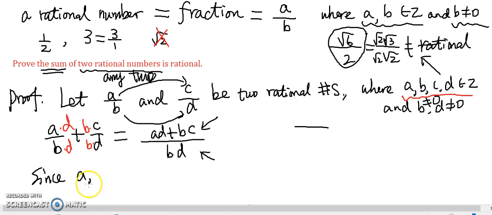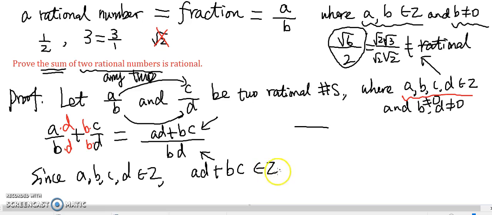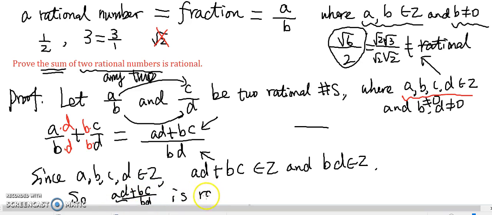Since a, b, c, d are integers, a times d, integer times integer, plus b times c, integer times integer, will still be an integer. And of course, b times d is an integer because it's integer times integer. So therefore, we can say ad plus bc over bd is rational, because integer divided by integer is a fraction, that's a rational number.